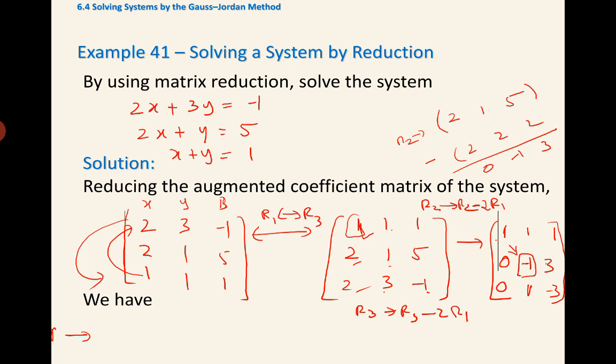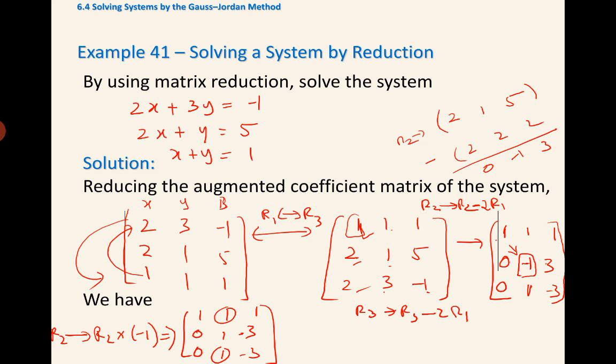We want the old R2 multiplied by negative 1. So what you get here is 1, 1, 1, 0, 1, negative 3, 0, 1, negative 3. In the next step, I have to convert these two elements to 0.